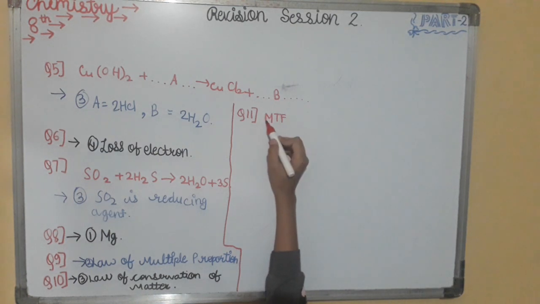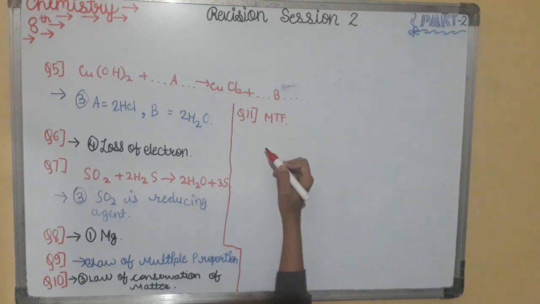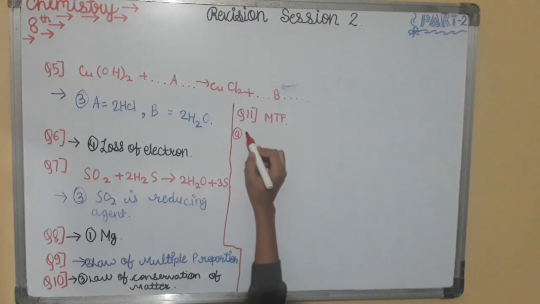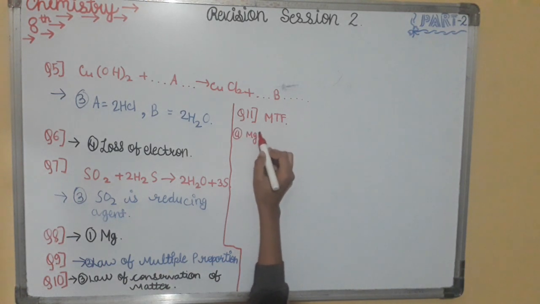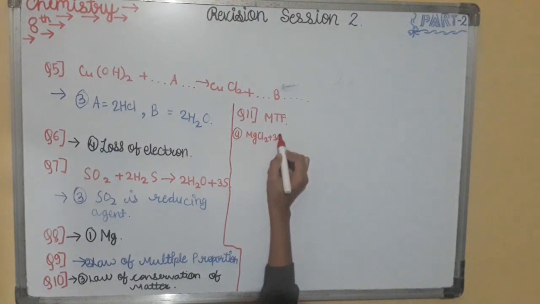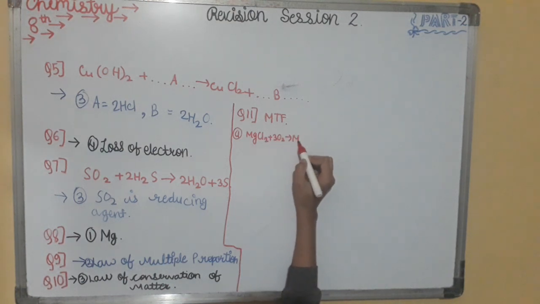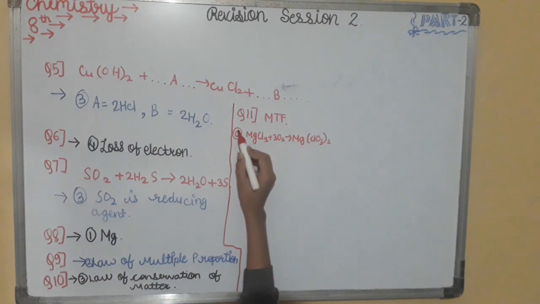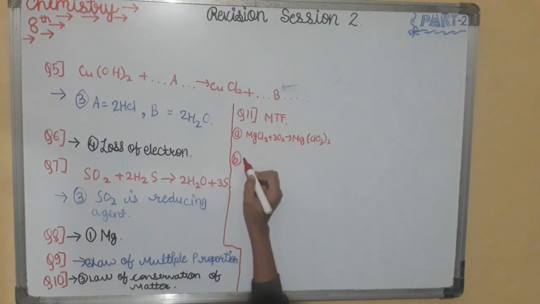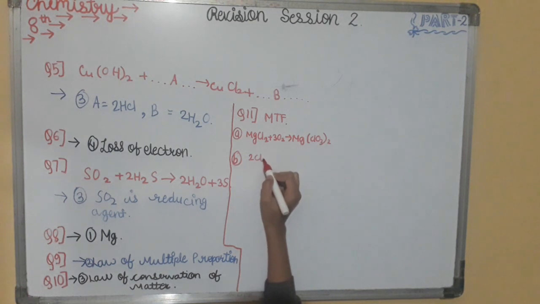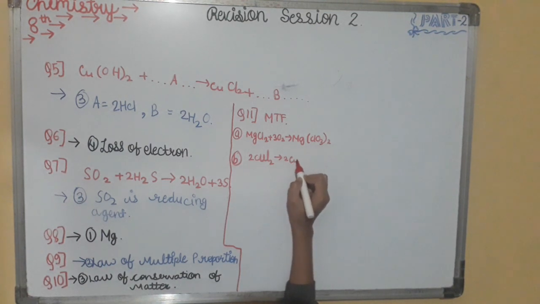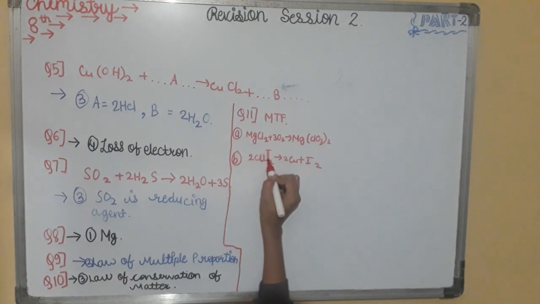Column 1: A is MgCl2 plus 3O2 gives Mg(ClO3)2. B is 2CuI2 gives 2CuI plus I2.